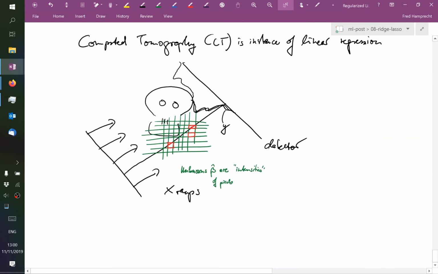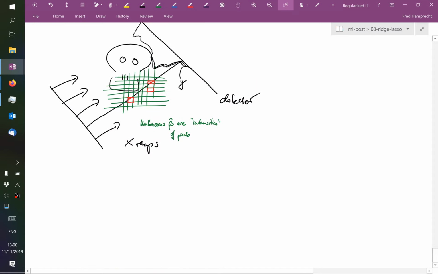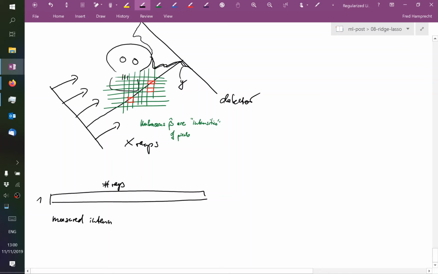Now we can collect all of these things in a linear system. So we have a huge column vector. Its entries are 1 times the number of rays. And it has the measured intensity for each ray.